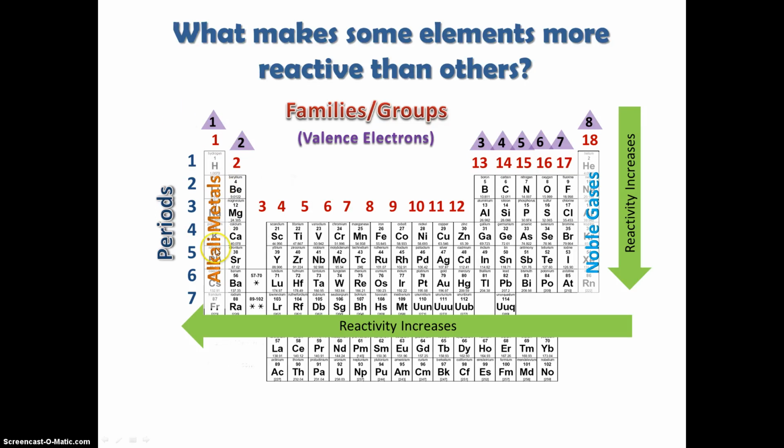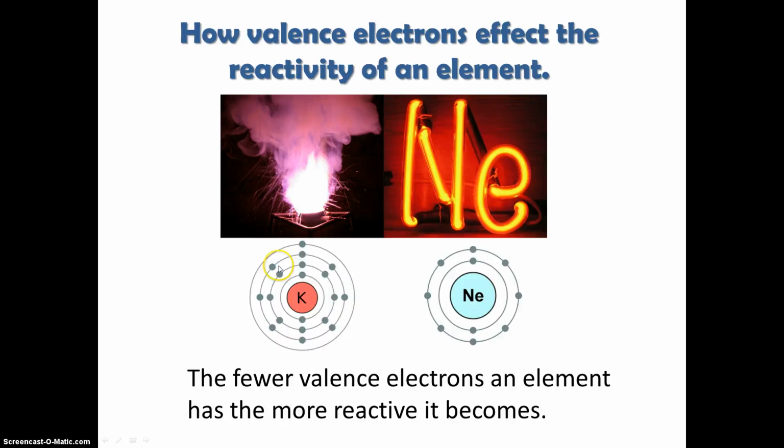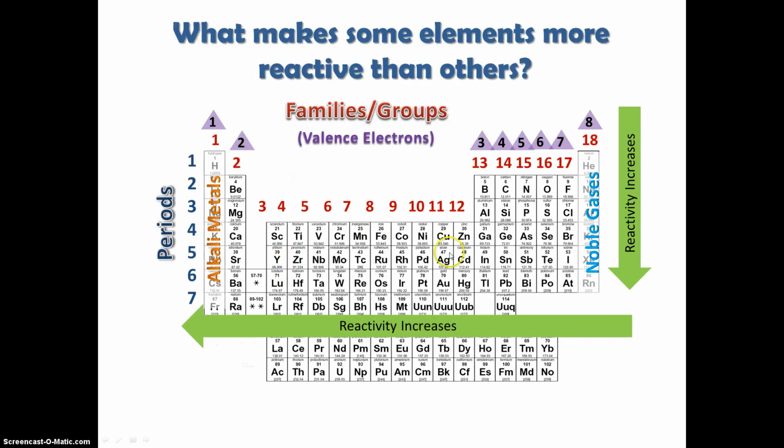Unlike the alkali metals, which are very reactive, they only have 1 valence electron. And so as you go from the noble gases over to the alkali metals, the atoms get more and more reactive. Basically what we're saying is the fewer valence electrons you have, the more reactive you are.